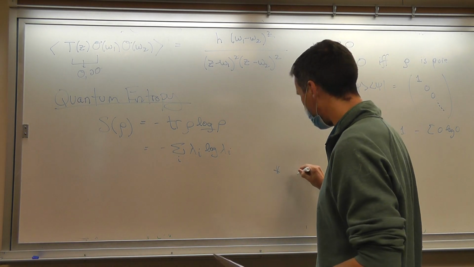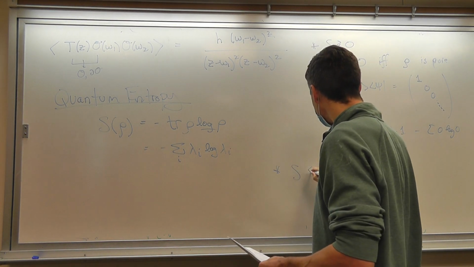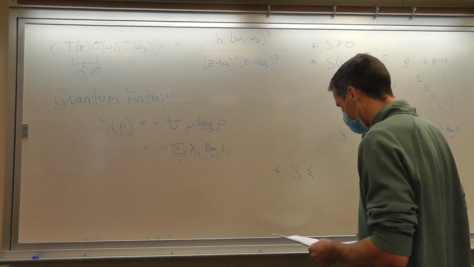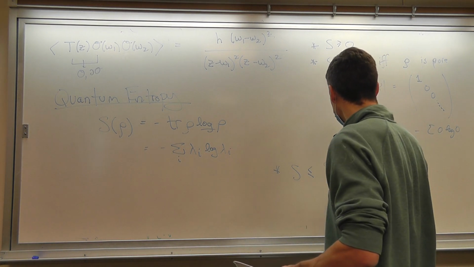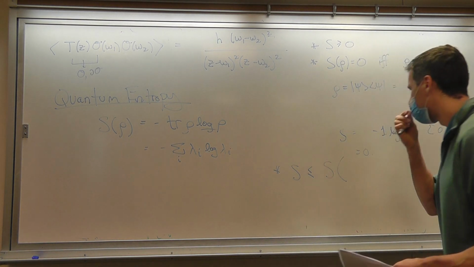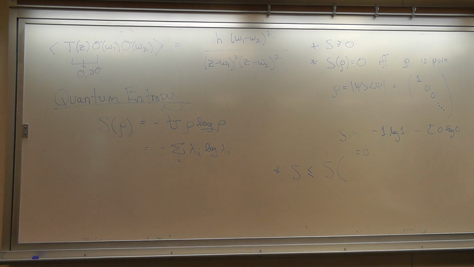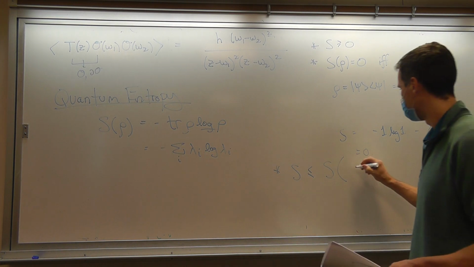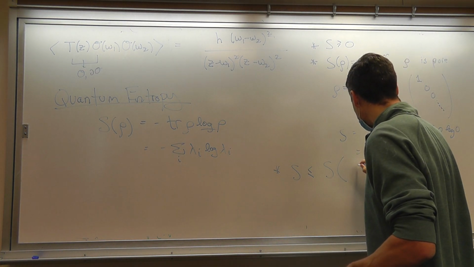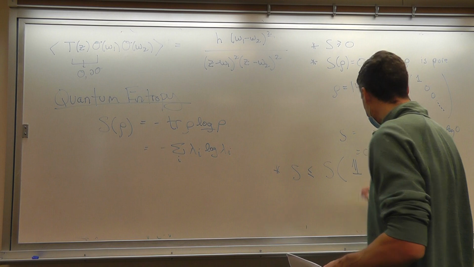The entropy is bounded above. S is less than or equal to the entropy of the maximally mixed state. A maximally mixed state is the state that's proportional to the identity.